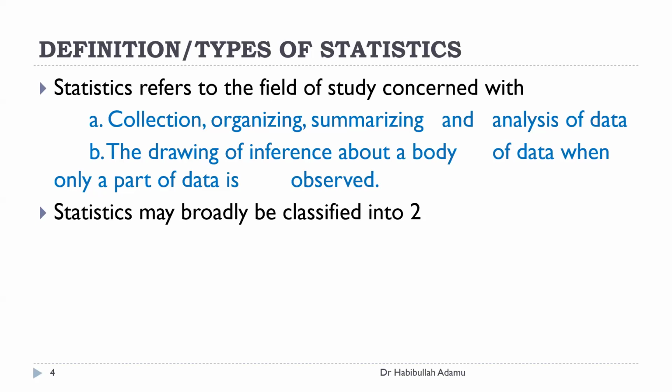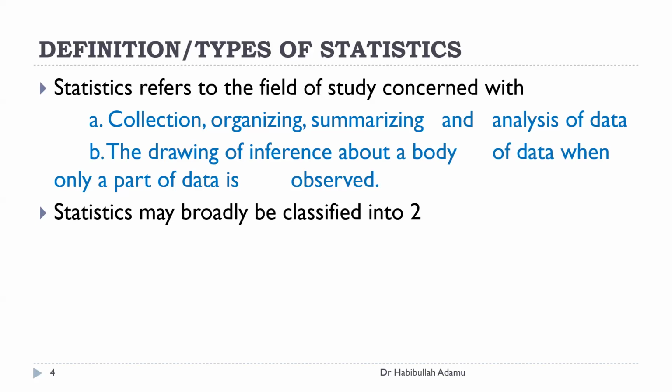So there are two major components of this definition. The first is the procedures for collecting our data, putting our data together, analyzing it, and also interpreting the data. When you do this, you have carried out a statistical technique. But sometimes you might decide to go ahead and use that information to draw conclusions.